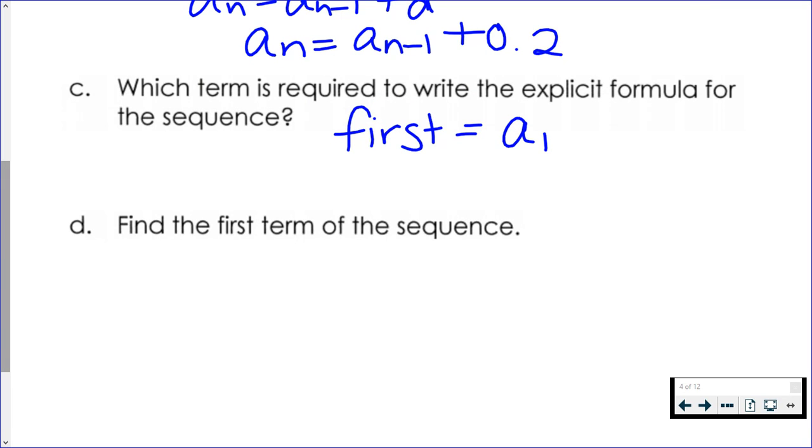And we're actually going to use the explicit formula. So if you were unsure what that is, here's the explicit formula. We are going to plug in different numbers so that A sub 1 is the only thing left that's unknown. That way we can solve for it.